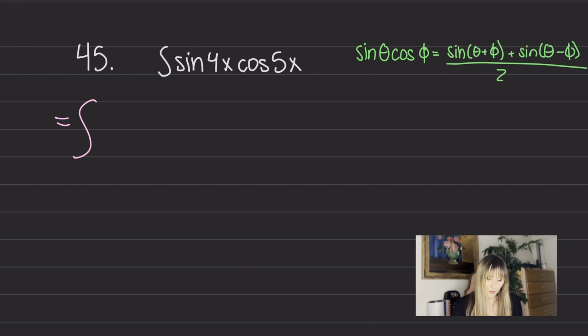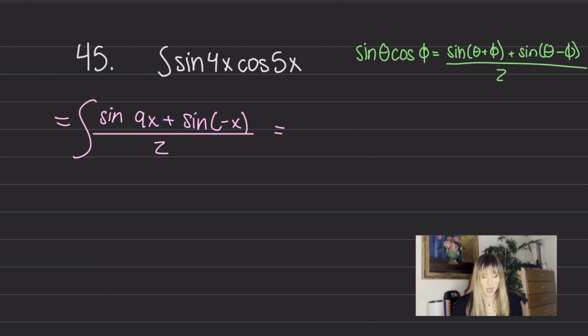So sine of 4x plus 5x is 9x, plus sine of 4x minus 5x. We get sine of minus x all over 2. I'm going to turn this into two integrals. I'm going to ignore the 1/2 for now.